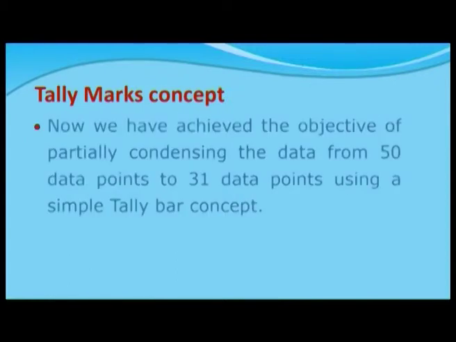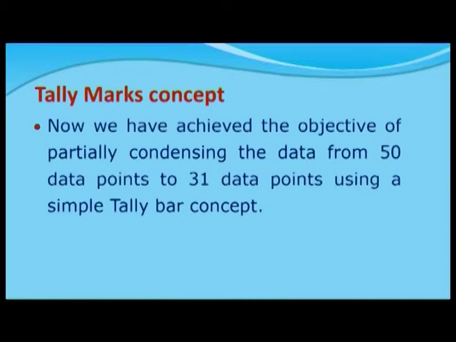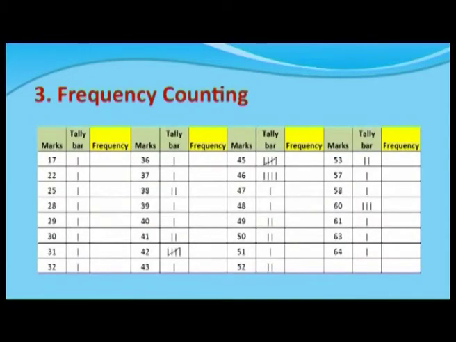Now, we have achieved the objective of partially condensing the data from 50 data points to 31 data points using a simple tally bar concept. In the third step, we introduce a new column in the table called frequency.